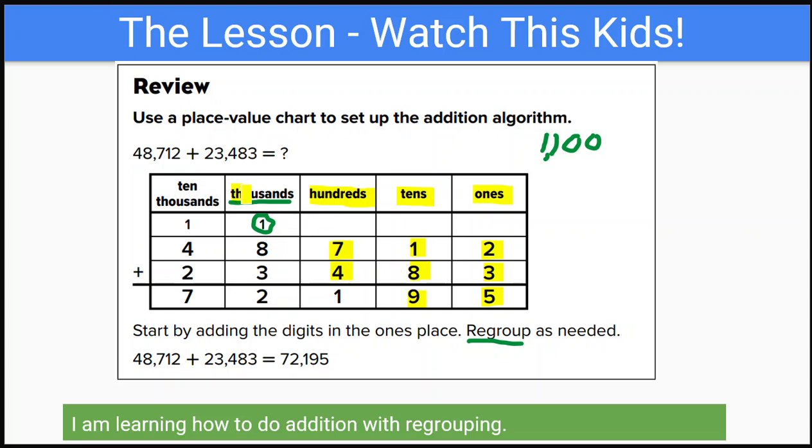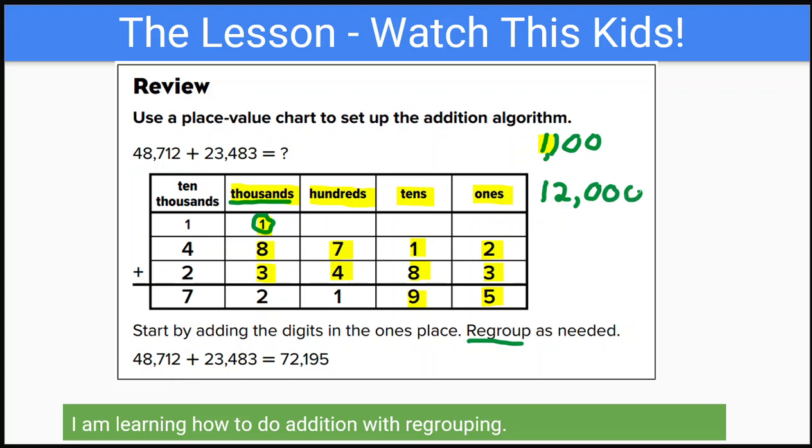Now we get to the thousands column, and we have to add that up. There's this 1,000 from right there, plus 8,000, plus 3,000. That makes 12,000. Let me write down 12,000 and see what that looks like.